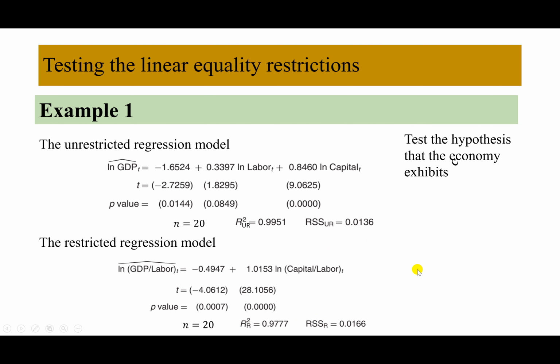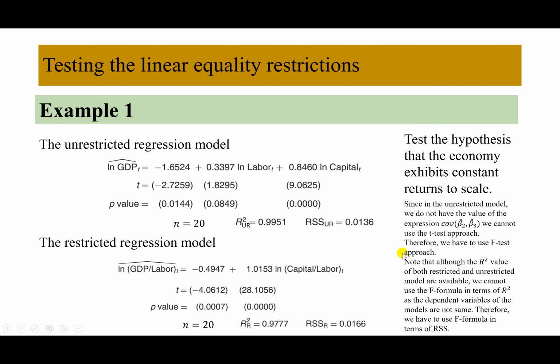So our question is how to test the hypothesis that the economy exhibits constant returns to scale. Since the dependent variables of these two regressions are not the same, we cannot use the F formula in terms of R square, though the R square values are available here. Rather, we have to use the formula of F in terms of residual sum of square.